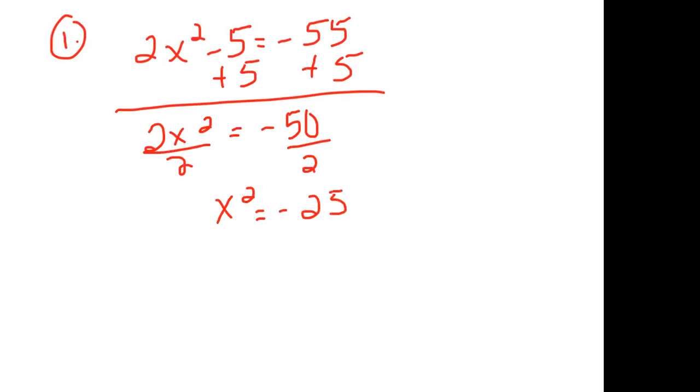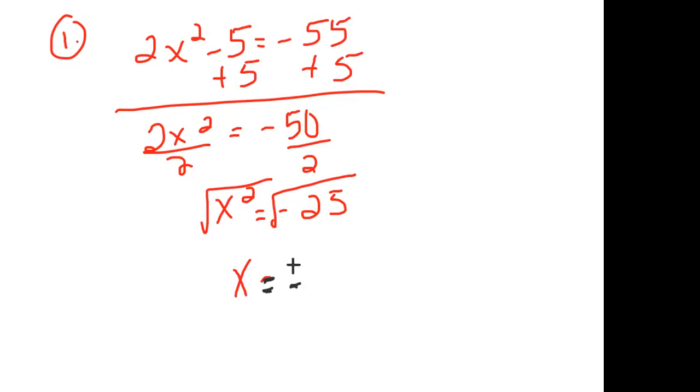And then, once my x squared is isolated, I move on to step 2: take the square root of both sides. By taking the square root of both sides, the square root will eliminate the power. Now, guys, remember, whenever you take a square root, you're going to end up with a compound solution.